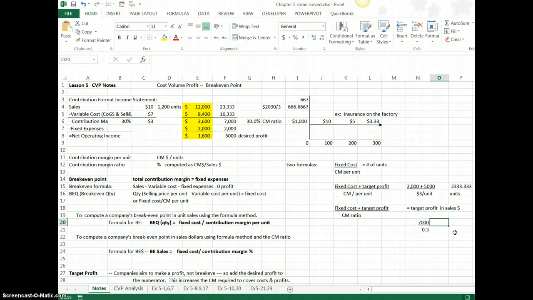So when we do that, $7,000 divided by 0.3 gives us $23,333. And that's my sales dollars required to generate $5,000 in profit.